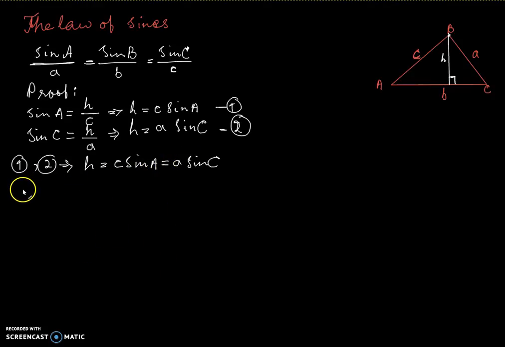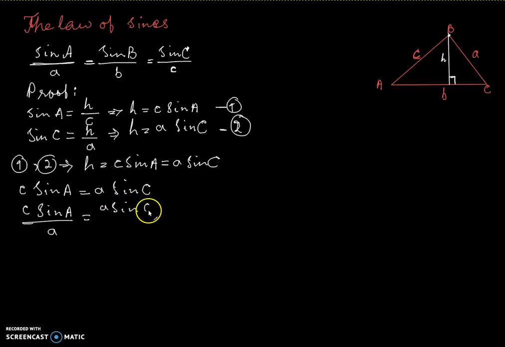If I write c sine A is equal to a sine C, and divide everything by a, I will get c sine A divided by a is equal to a sine C divided by a.